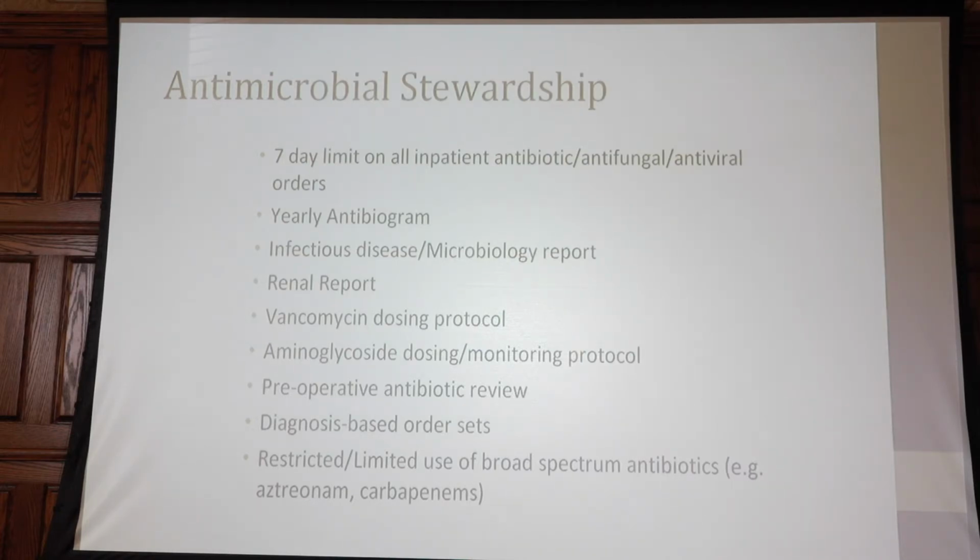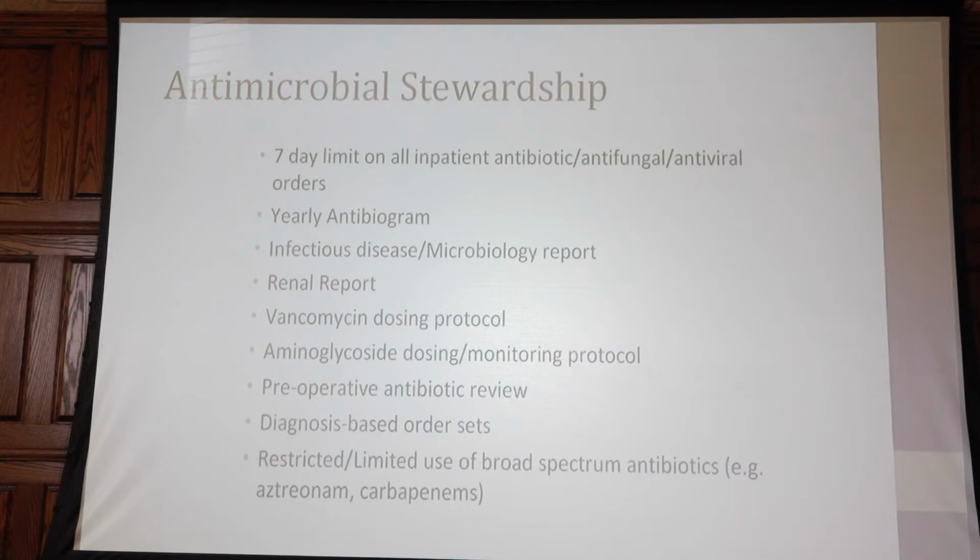Diagnosis-based order sets. That's basically to aid in appropriate selection to provide coverage for certain diagnoses. So we have one for pneumonias and diabetic foot infections and things like that. And to limit the use of broad spectrum antibiotics, we actually do a pretty good job in not using a lot of carbapenems in our facility.